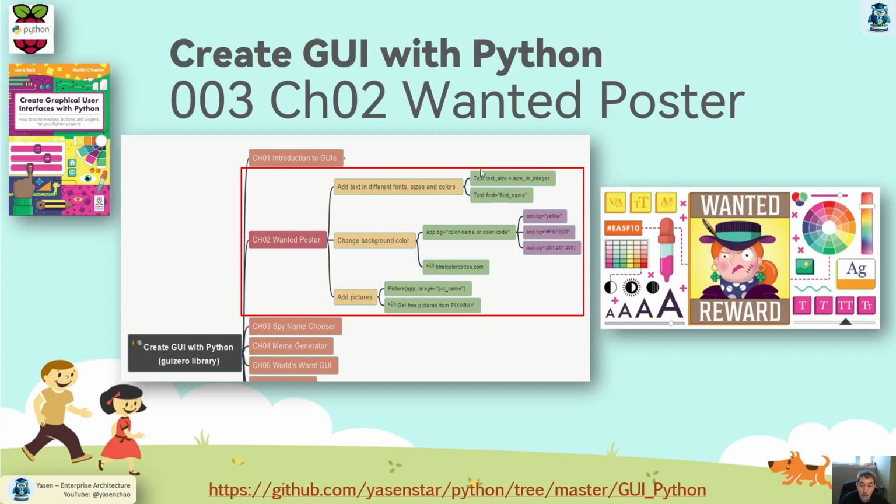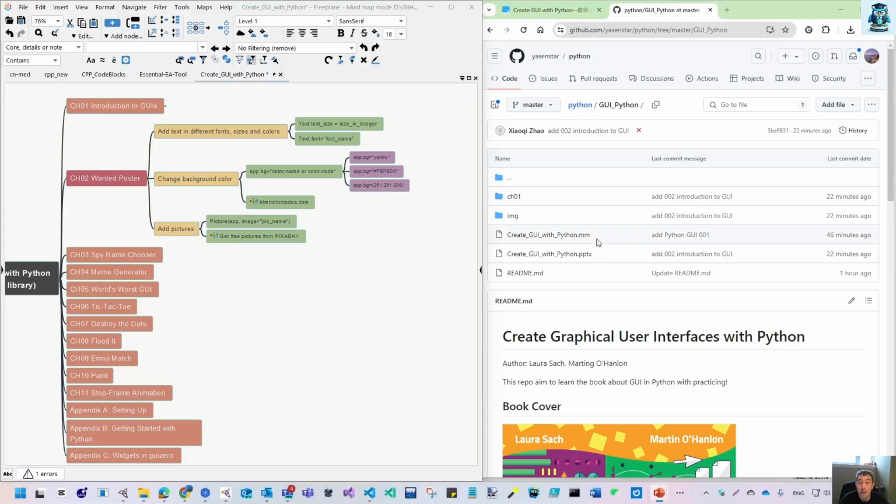In the mind map, I gave you numbers of the resources. We will mention that during our coding together. First of all, after the last video, we have already done chapter 1, introducing the GUI.